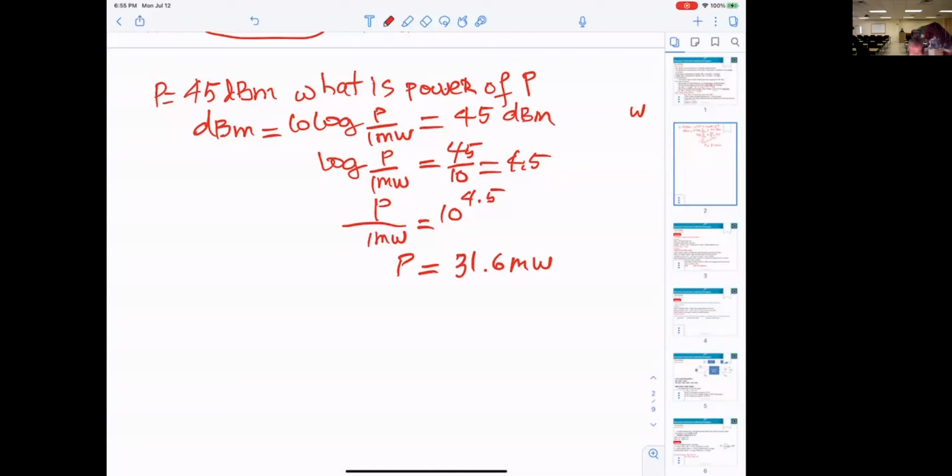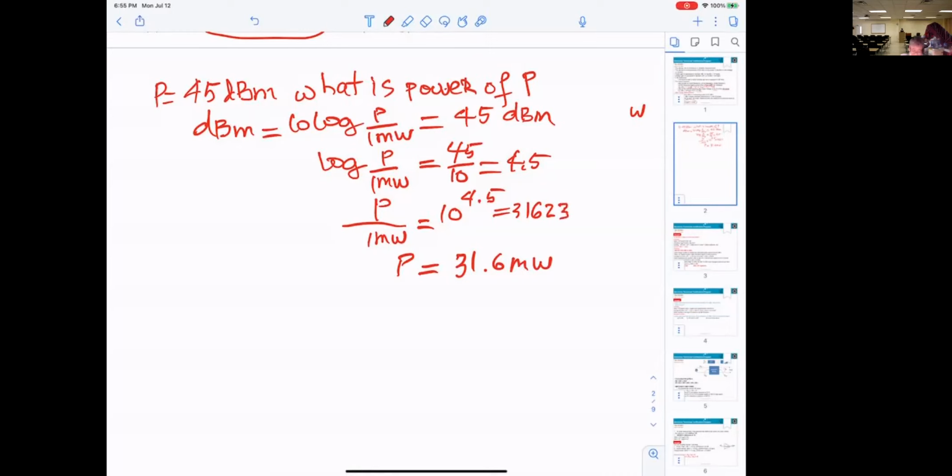Okay, 10 to the power 4.5. They will be 31,623.